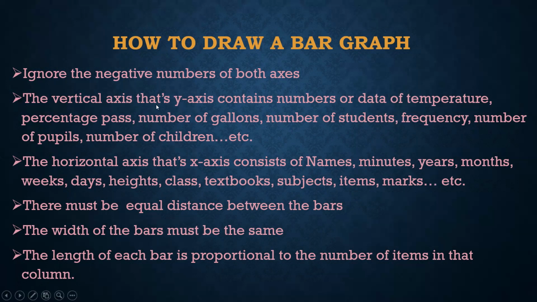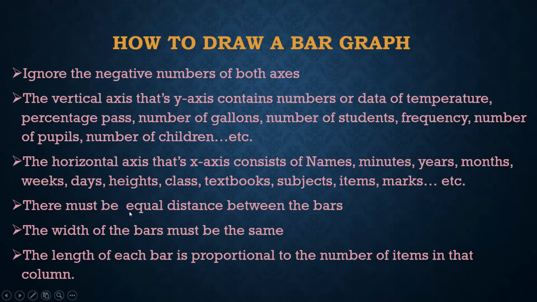Then the vertical axis, that's the y-axis, contains numbers or data such as temperature, percentage pass, number of gallons, number of students, frequency, number of people, number of children, etc. The horizontal axis, that is the x-axis, consists of names, minutes, years, months, weeks, days, heights, class, textbooks, subjects, items, marks, etc.